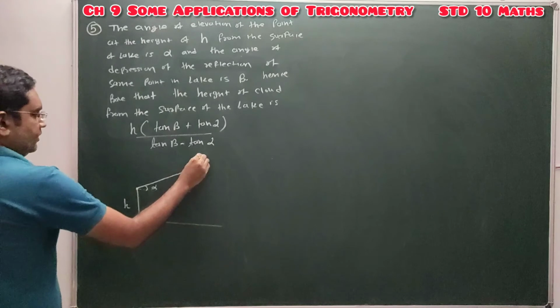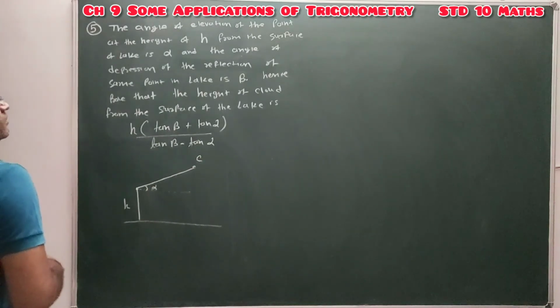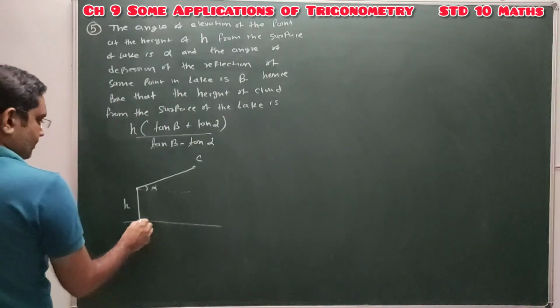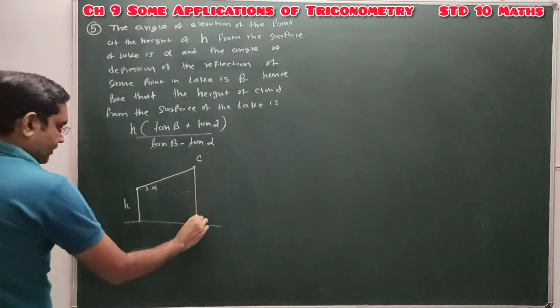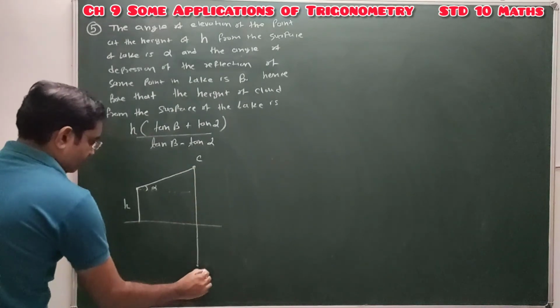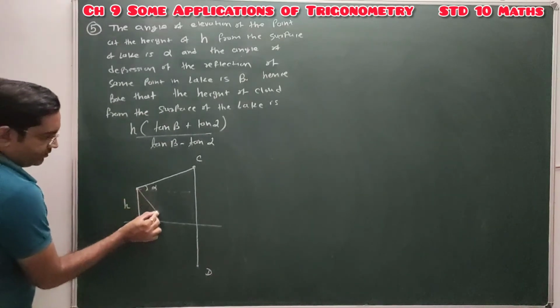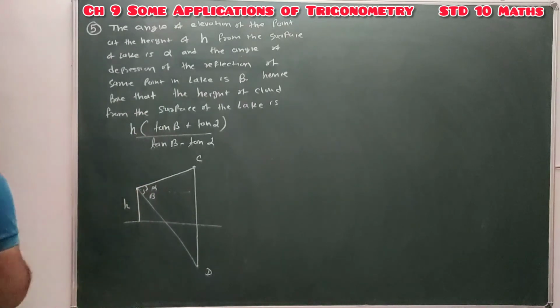This is point C under observation, and the angle of depression of the reflection of the same point in the lake. This is the surface of the lake, and here the reflection of point C is created in the water of the lake. Suppose this is point D, and the angle of depression of point D from the same point is beta.